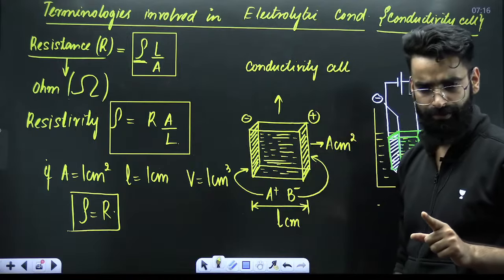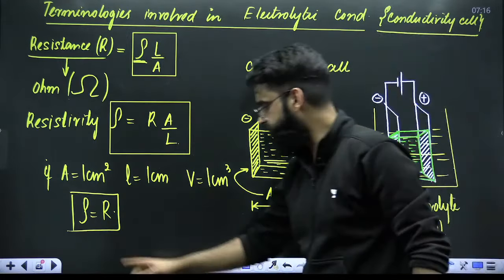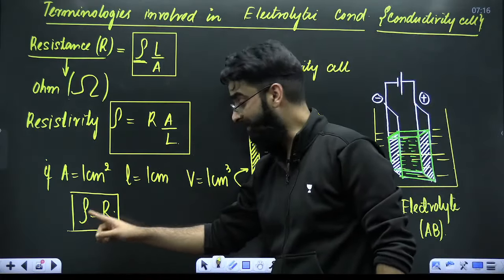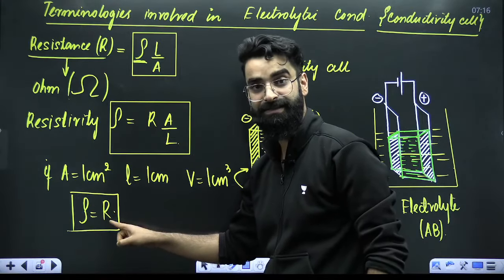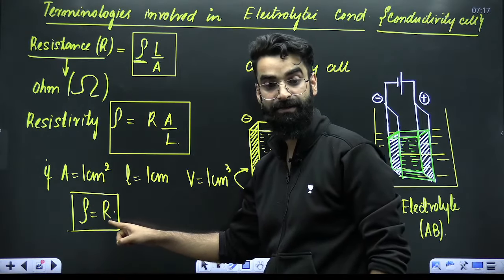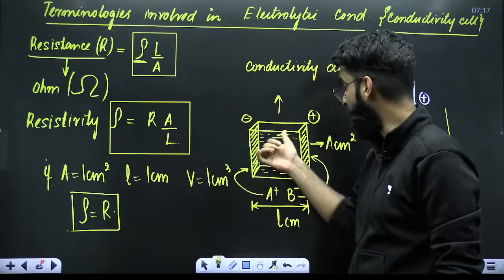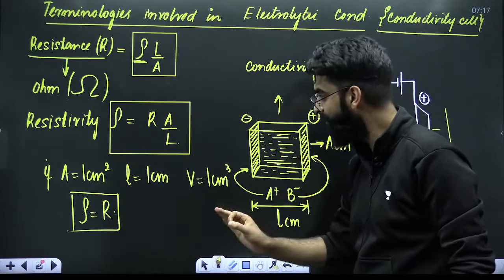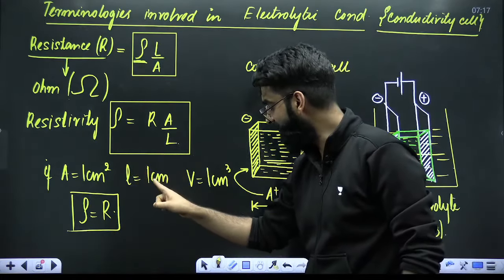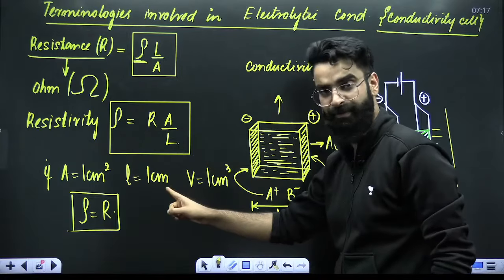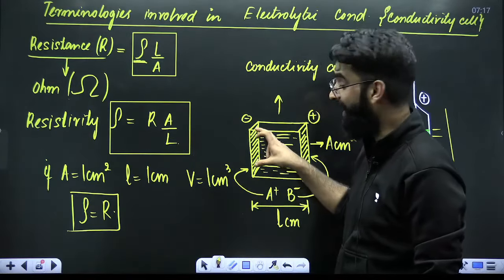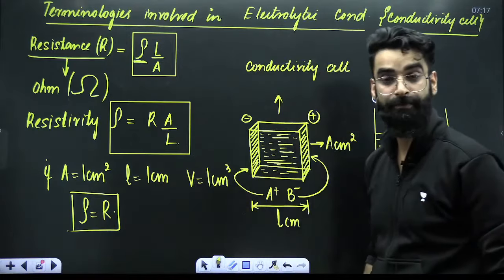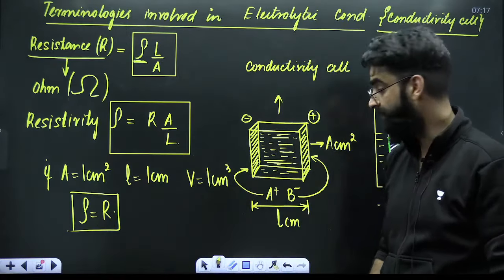Perfect. Can I say resistivity is basically the resistance shown by this particular electrolyte when the distance between these plates is 1 centimeter and the area of cross section is 1 centimeter square? Or I can define it like this as well.